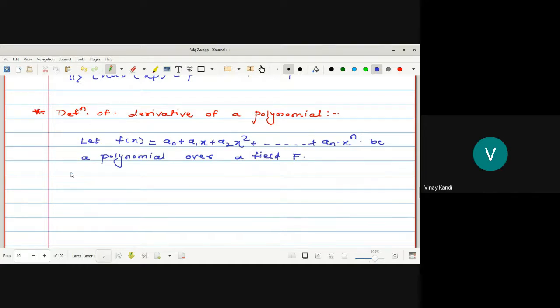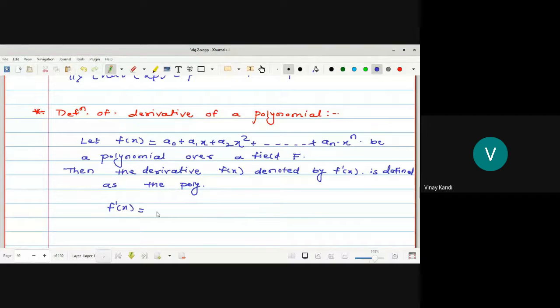Then the derivative of f of x is denoted by f dash of x and is defined as the polynomial f dash of x equal to a1 plus 2a2 x up to so on n into an x raised to n minus 1.